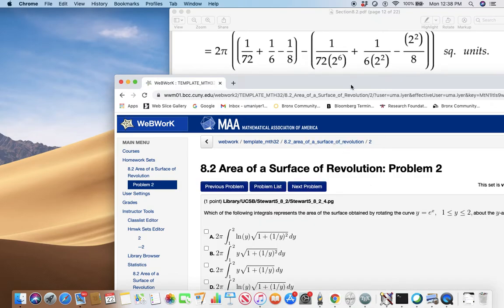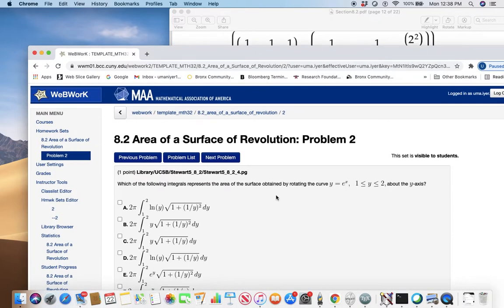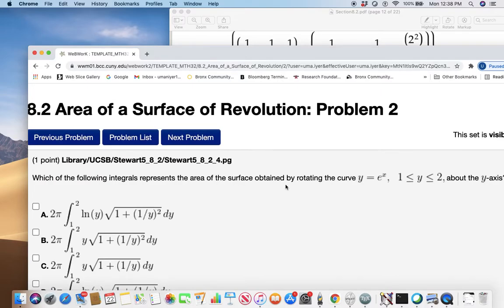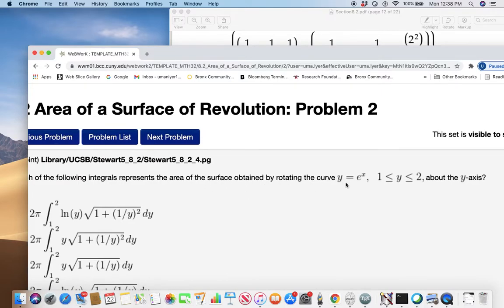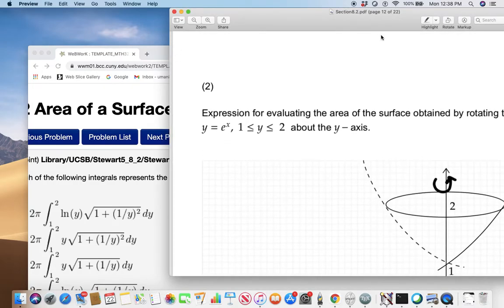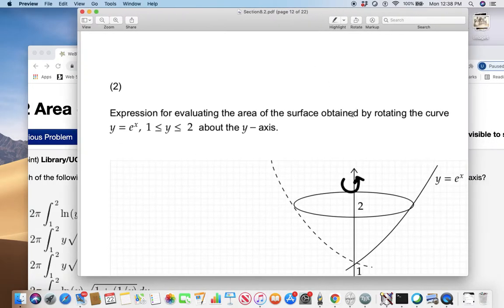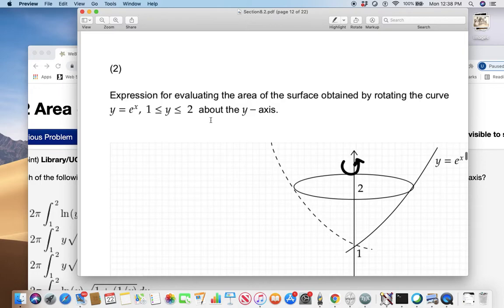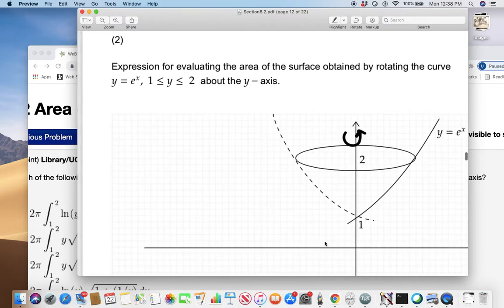Next problem. Which of the following integrals represents the area of the surface obtained by rotating y equals e to the x about the y-axis? y is between 1 and 2. All right. y equals e to the x. You want to rotate the curve about the y-axis. y equals e to the x looks like this, and you want to rotate it about the y-axis.